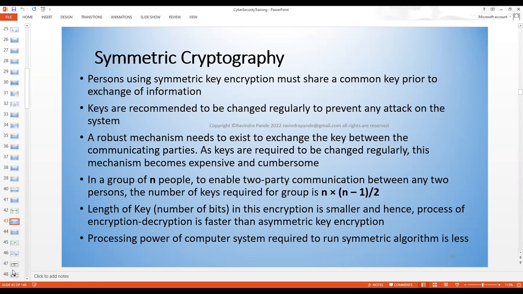The length of the key, or number of bits, in this encryption is smaller, and hence the process of encryption or decryption is faster than asymmetric key encryption. The processing power required to run a symmetric algorithm is lesser than for asymmetric, because asymmetric involves additional calculation on top of whatever calculations you are doing.